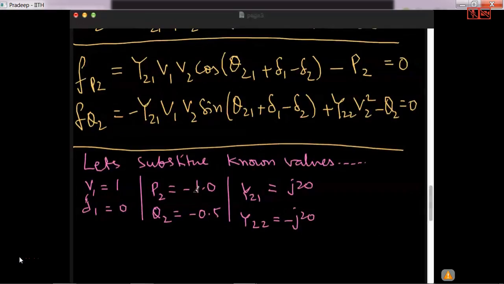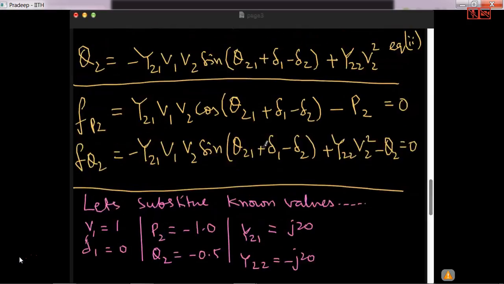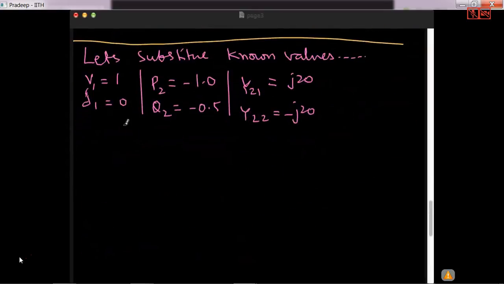So these knowns, if I substitute above, the known values are Y21 I know, V1 I know, V2 I don't know. This I know, P2 also I know. So only unknowns are V2 magnitude and delta 2 angle. That is what we have to solve. Okay, so let's substitute them.